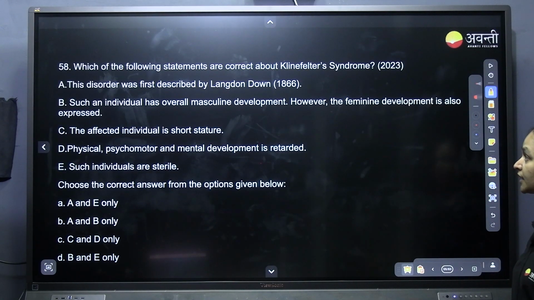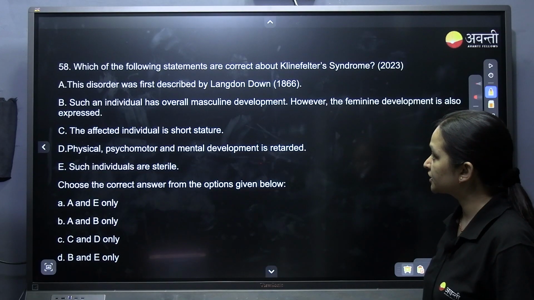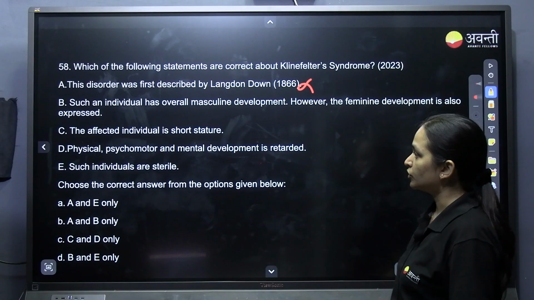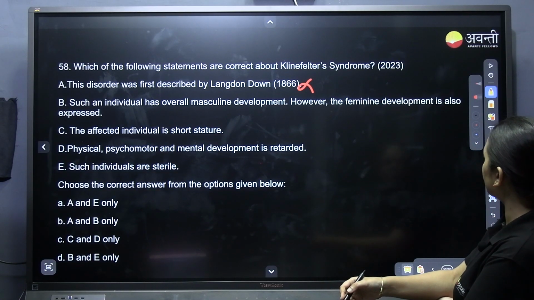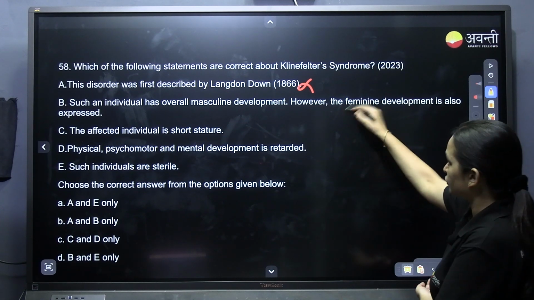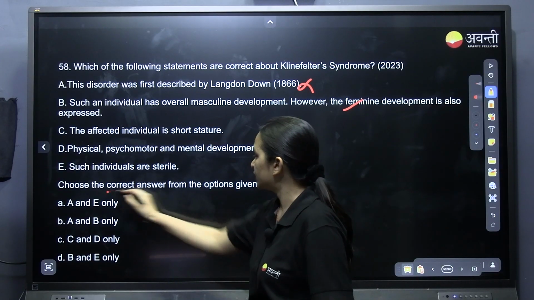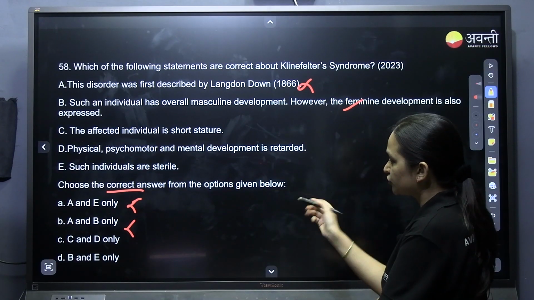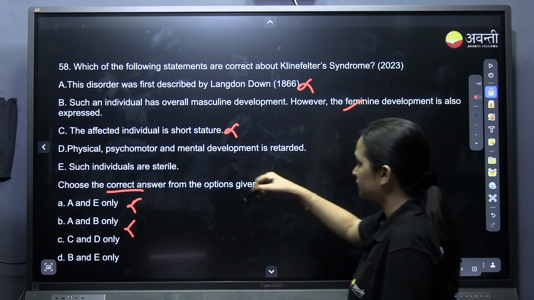Which of the following statements are correct about Klinefelter's syndrome? The disorder was first discovered by Langdon Down. It was Down syndrome he discovered, so no. Such an individual has overall masculine development, however feminine development is also expressed. True. So if A is false, we can eliminate. B is true. The affected individual is of short stature.